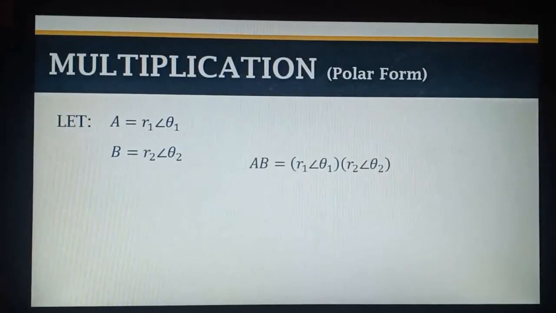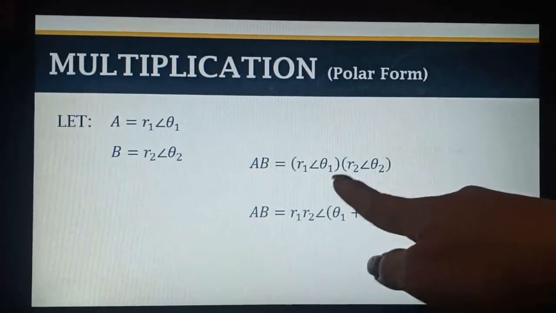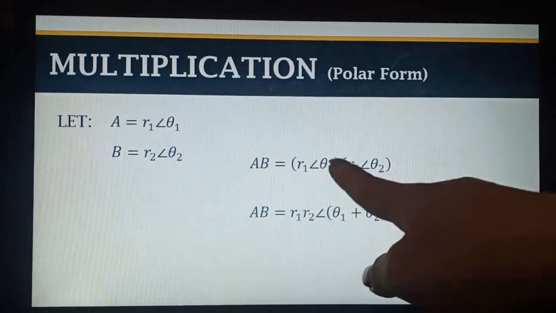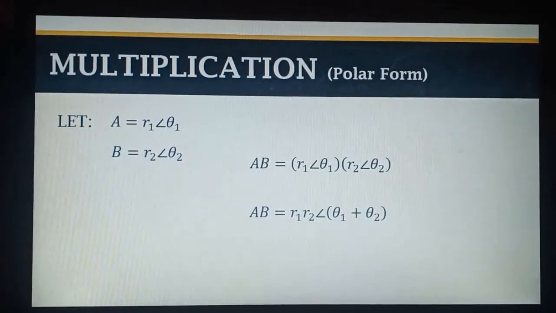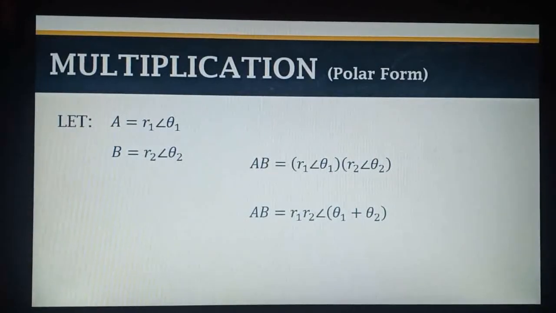So you have to get A times B, which is equated to the quantity of R1, angle theta 1, multiplied to the quantity of R2, angle theta 2. So all you have to do is to multiply both R, which is R1 and R2, then add the two thetas. So you will have theta 1 plus theta 2.